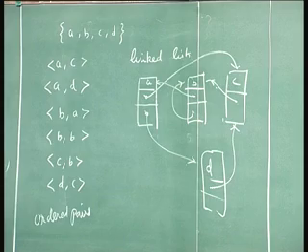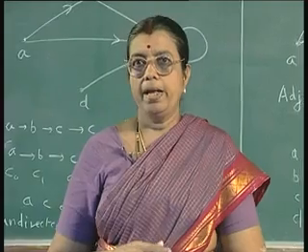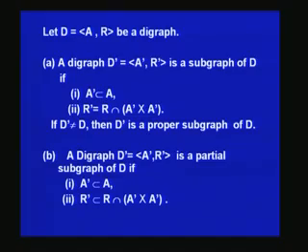Now we will come to the definition of what is meant by a subgraph and a partial subgraph. Let D equal to (A, R) be a digraph. A digraph D dash equal to (A dash, R dash) is a subgraph of D if A dash is contained in A and R dash equals R intersection A dash cross A dash.